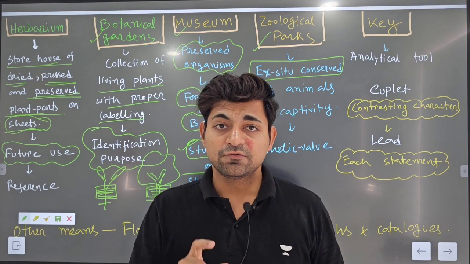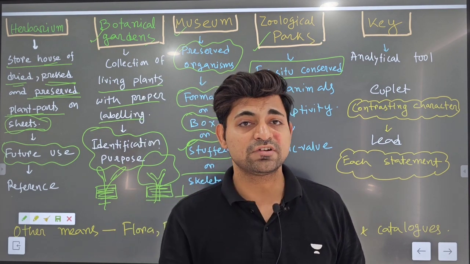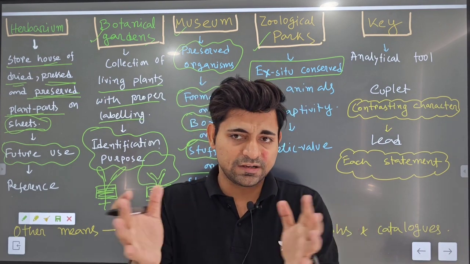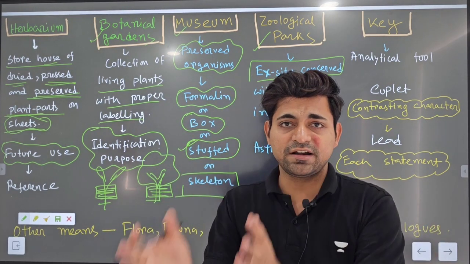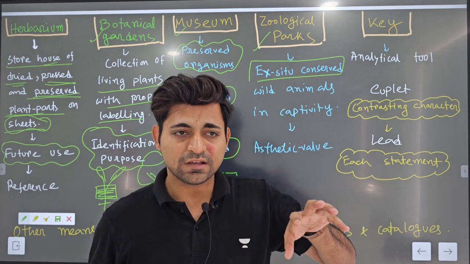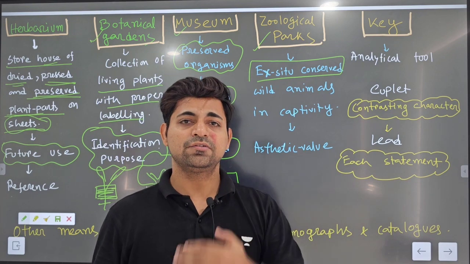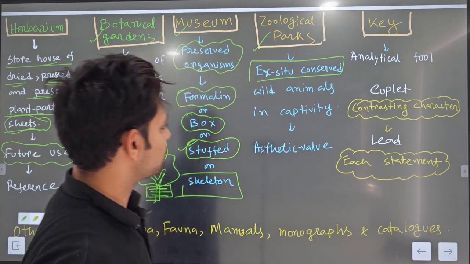Ex situ means where they should not be situated in nature because they are posing some threats. So you have withdrawn them from the natural zone and kept them in caged or semi-caged conditions in a defined zone, which is called a zoological park.